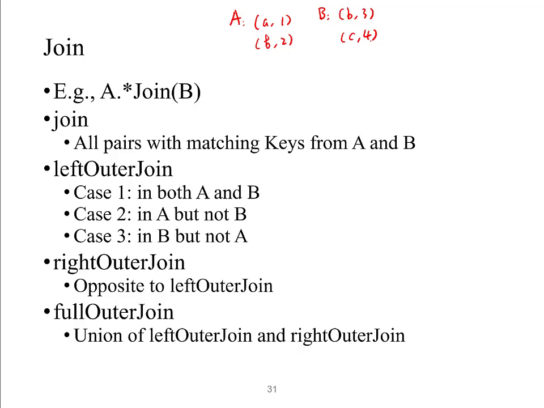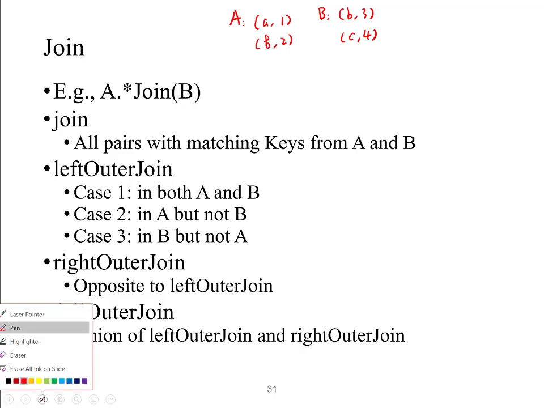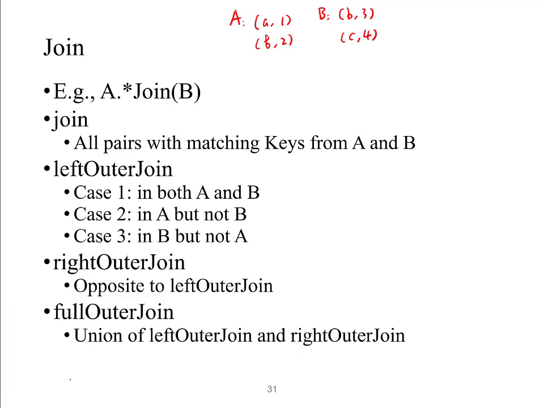So for join, we would have all pairs with matching keys from A and B. So in our case, the matching key of A and B is only B here, the small b here. So the result of join would be B, 2, 3. We just concatenate their values to this key as the result of join.